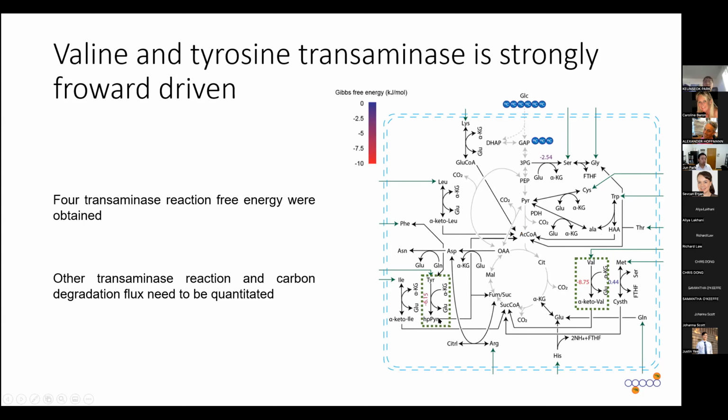One takeaway from this figure is that valine and tyrosine transaminase is strongly forward driven, unlike the other two amino acids. Hypothetically, we thought we would be able to get all the other amino acid degradation reversibility, but somehow the software told us about only 4. So we are still working on whether we are able to get the other transaminase reversibility by differing the model.